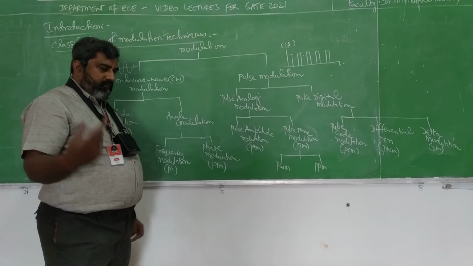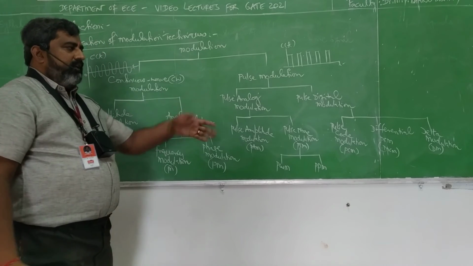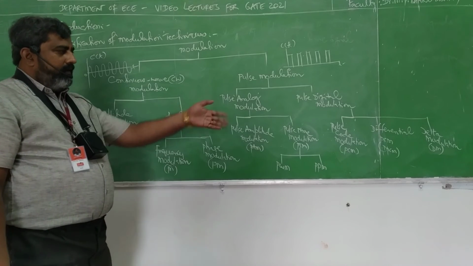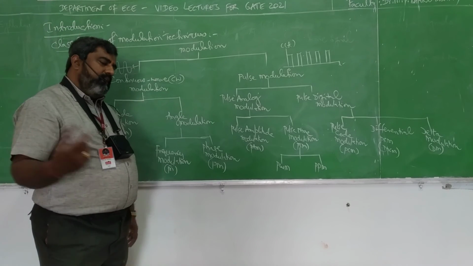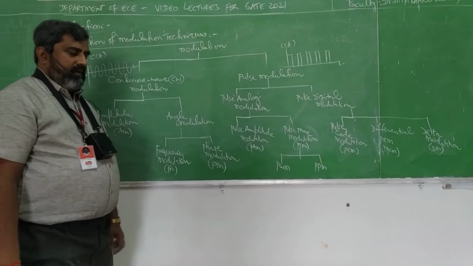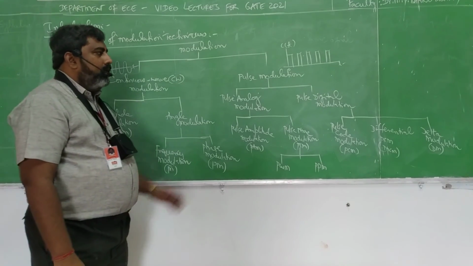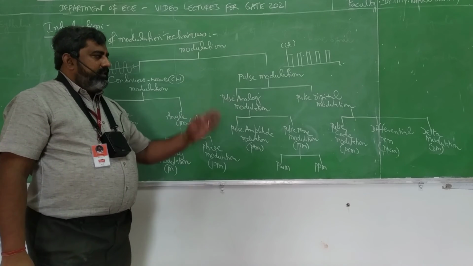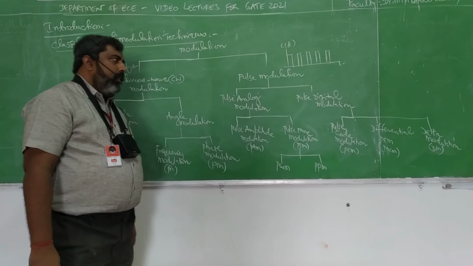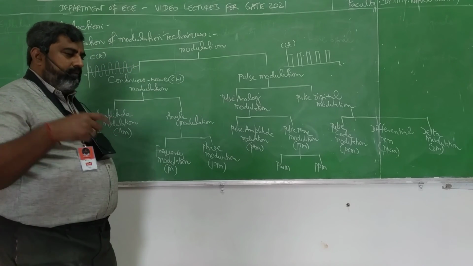That classification I have not put here now, but when we discuss digital communications, we will again see a different classification of digital modulation techniques. So PCM, DPCM and delta modulation are used to convert an analog signal completely to digital.